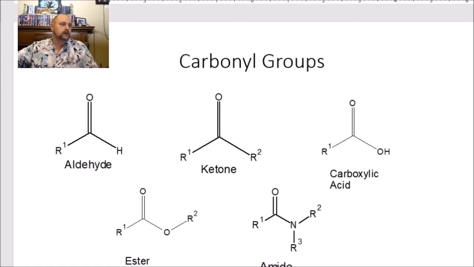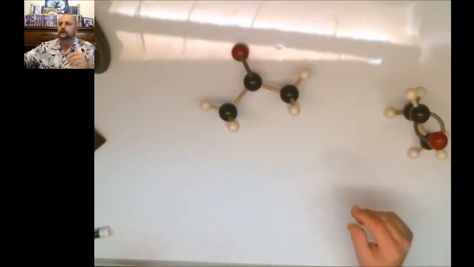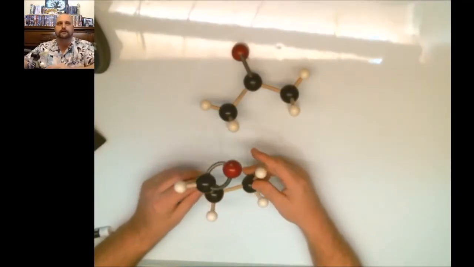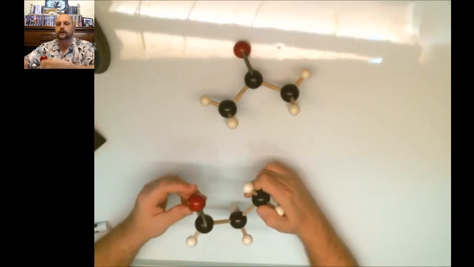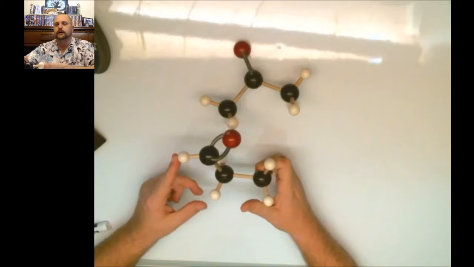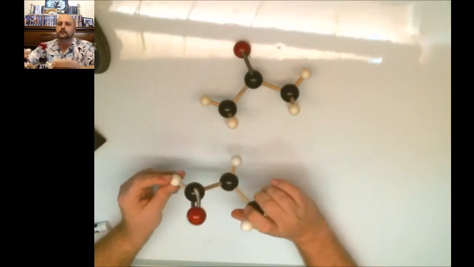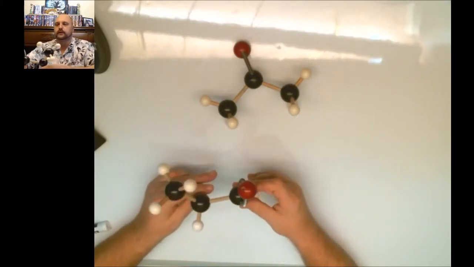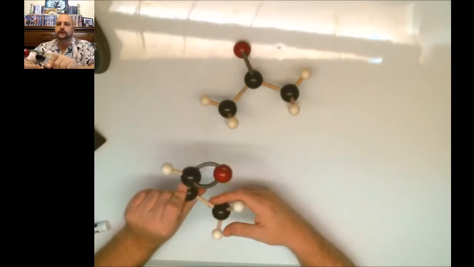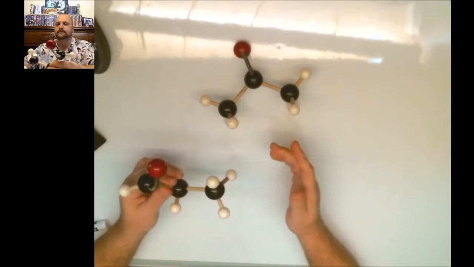So let's take a quick look at this. Here's my little puppy dog. So carbonyl, carbon to an oxygen. This is an aldehyde. We can tell because it's got a hydrogen next to the carbonyl. It's always at the end, because there's no other place for this to be.